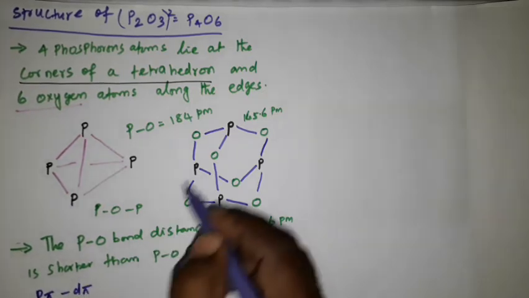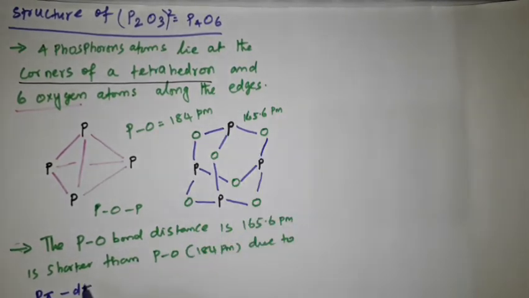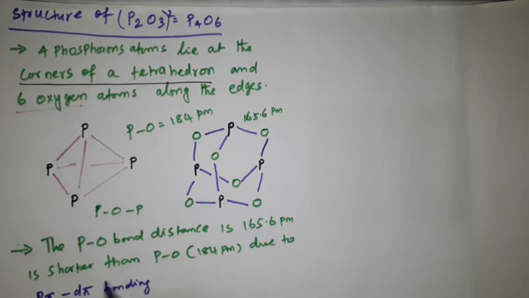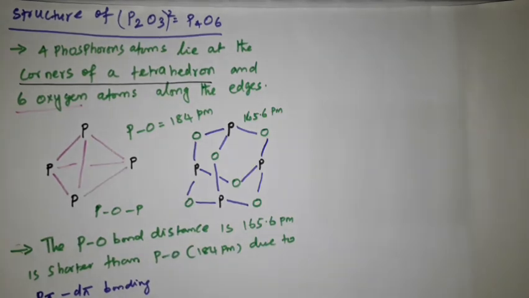Actually in the phosphorus there is p orbital and in the oxygen d orbital bonding. So that distance is shorter. The reason is p pi d pi bonding.